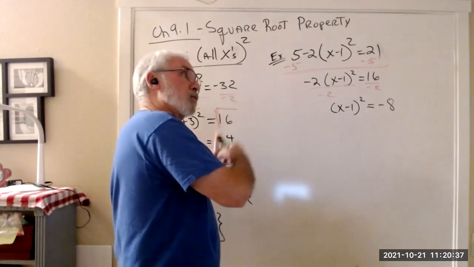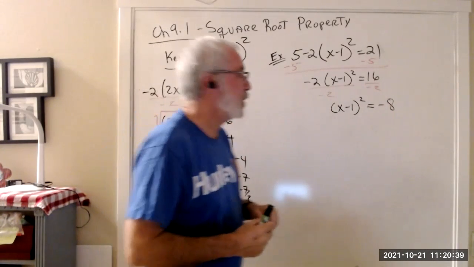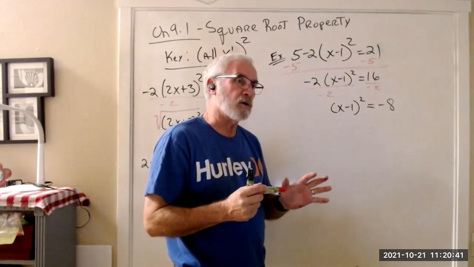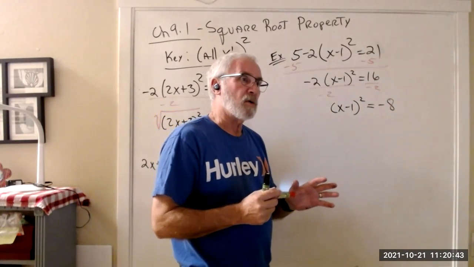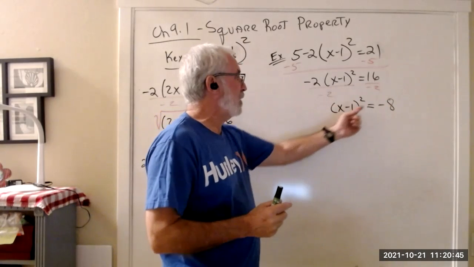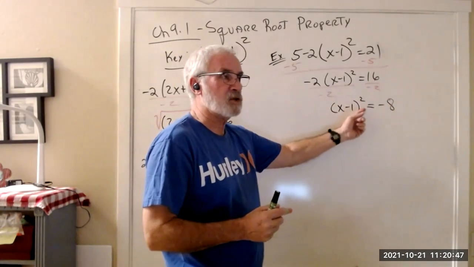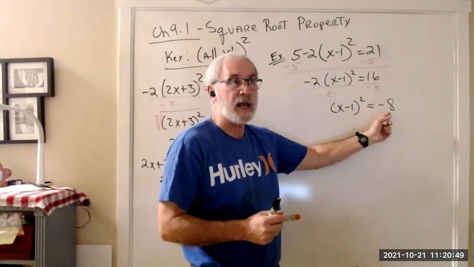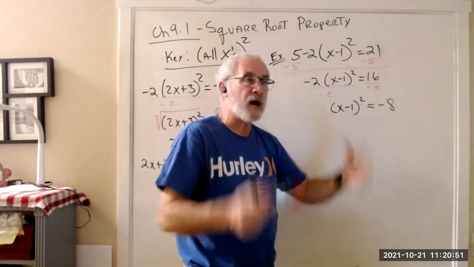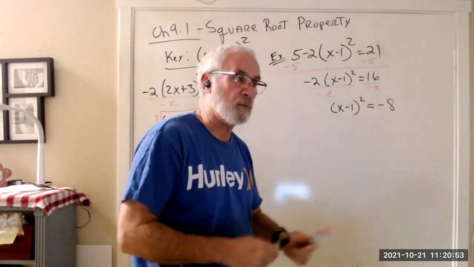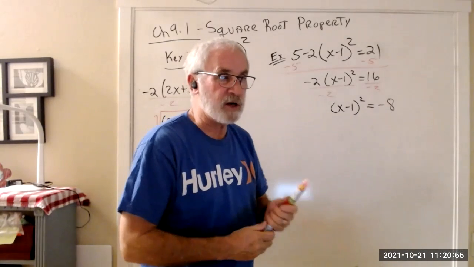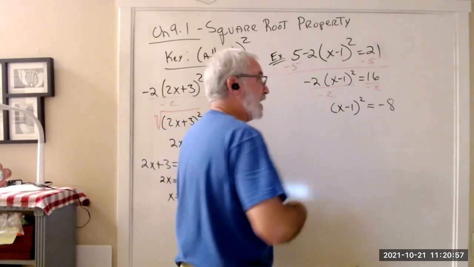Before we studied complex numbers, we could have quit here. Because how can somebody times itself equal a negative? It can't. But now all of a sudden we studied complex and imaginary numbers, so it can.